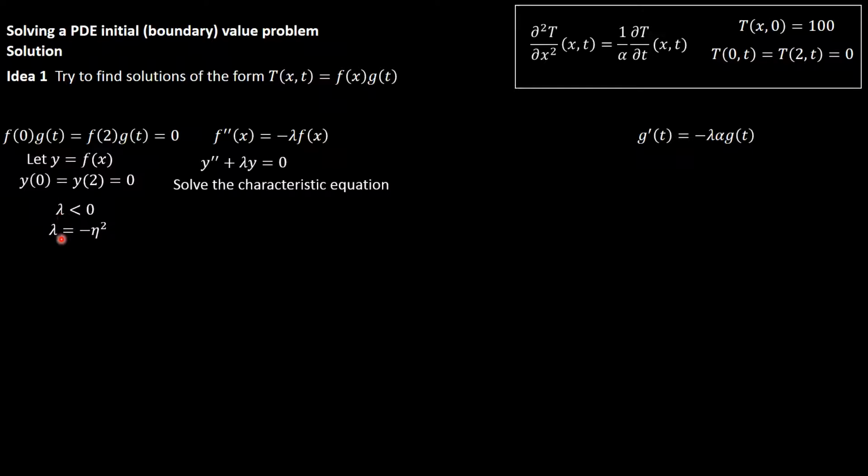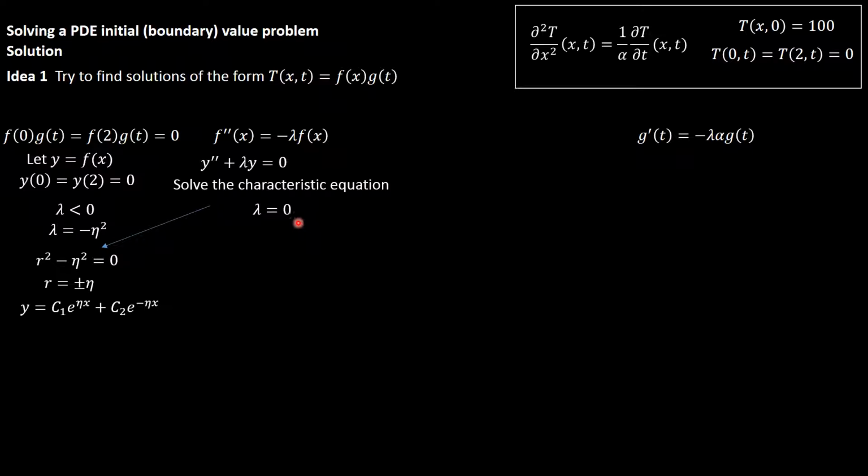If lambda is negative, then we can write lambda as negative some positive number eta squared. And if you do that, then the characteristic equation just becomes r squared minus eta squared equals 0. Therefore, r equals plus or minus eta. And therefore, our function y as a function of x is c1 e to the eta x plus c2 e to the negative eta x.